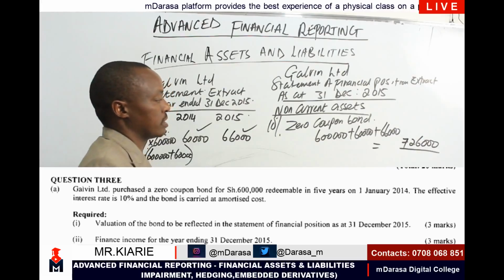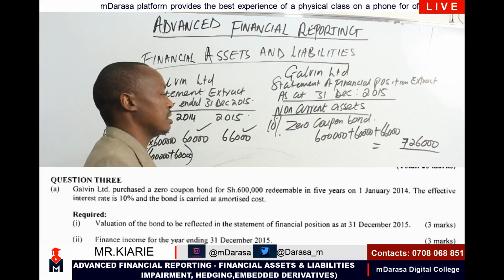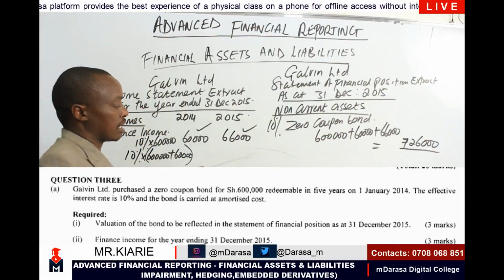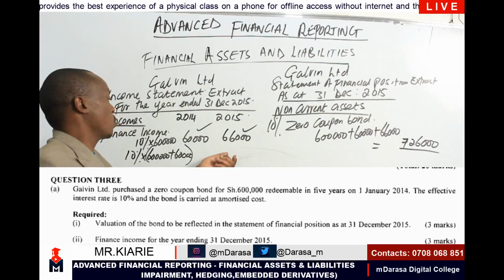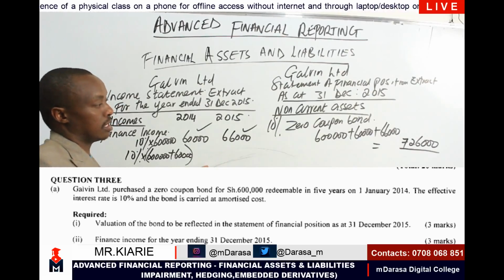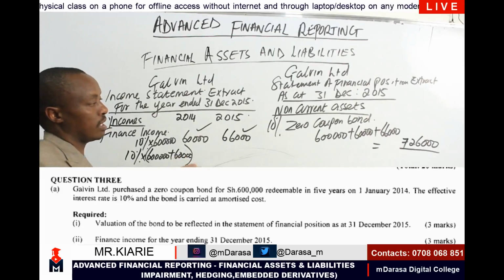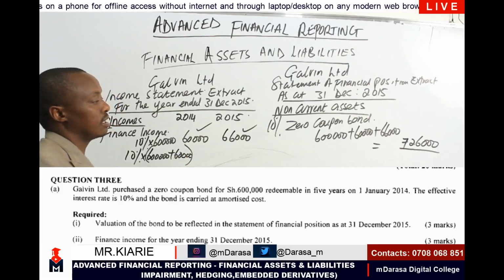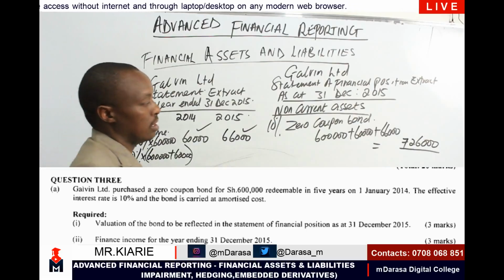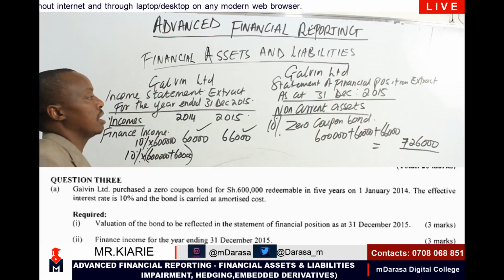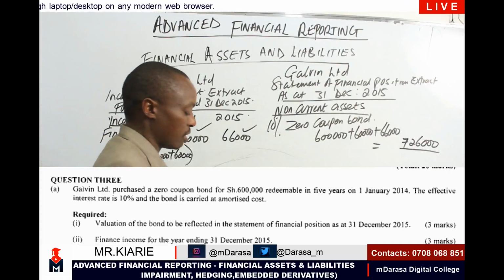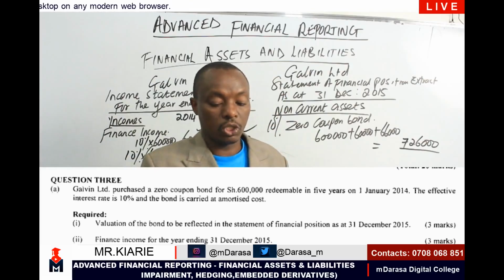And when you're preparing the income statement extract, the 66,000 will be shown under expenses, that is finance costs. That's the only difference between accounting for a financial asset and a financial liability, because each is the opposite of the other. So basically, that's how you show the financial statements extracts in case of financial assets and financial liabilities.